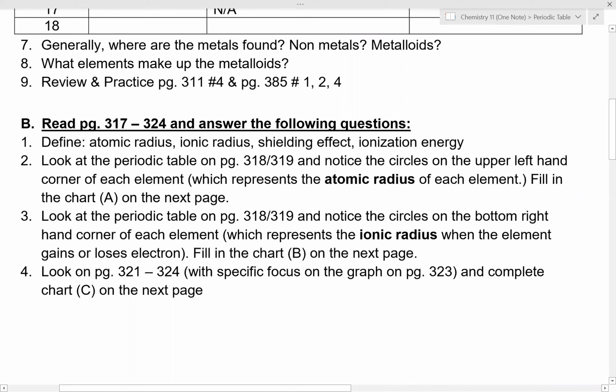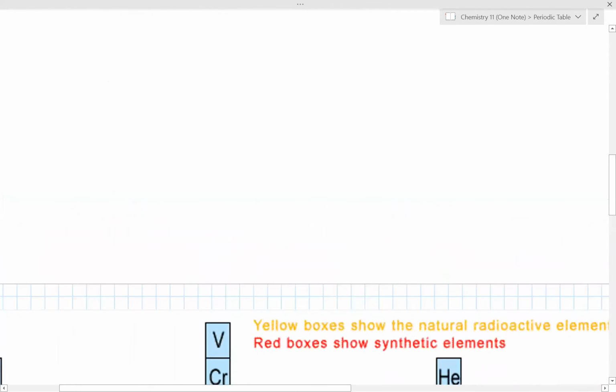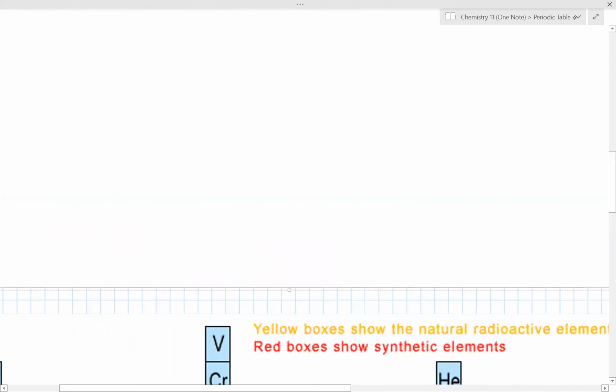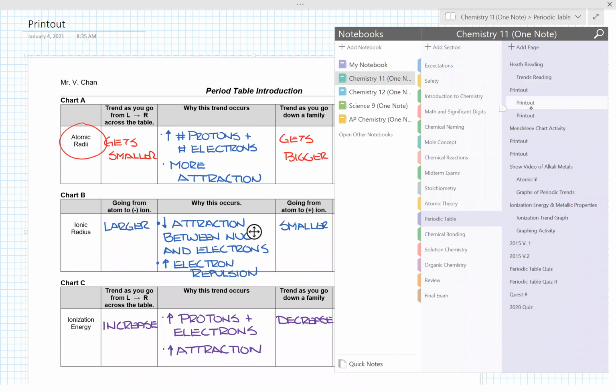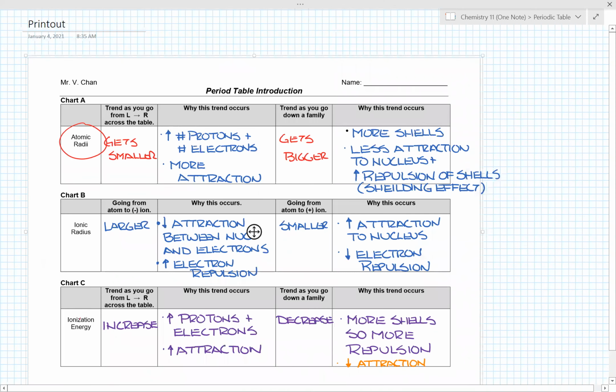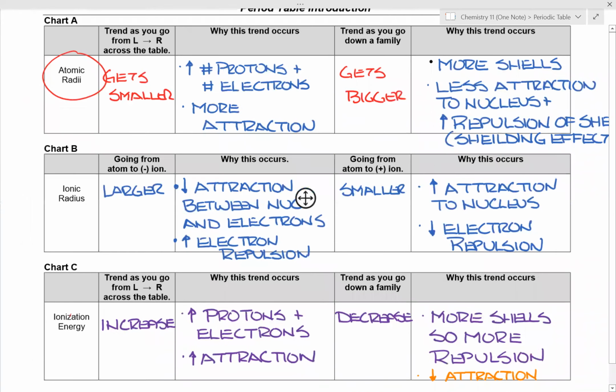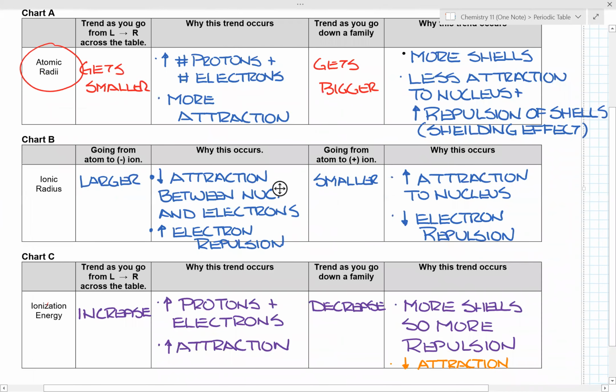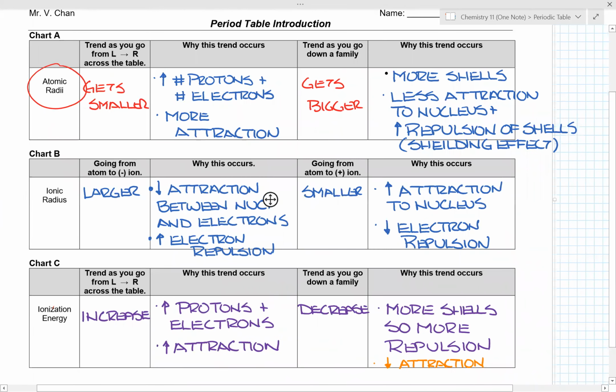I did ask you to fill in the table in the back. Your table should look something like this. You should tell me what the trend is in the atomic radius, in the ionic radius, and in the ionization energy as you go from left to right and as you go down a chemical family.